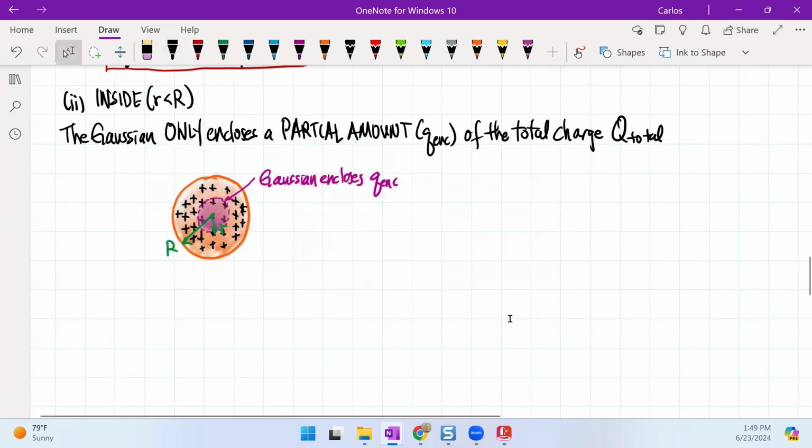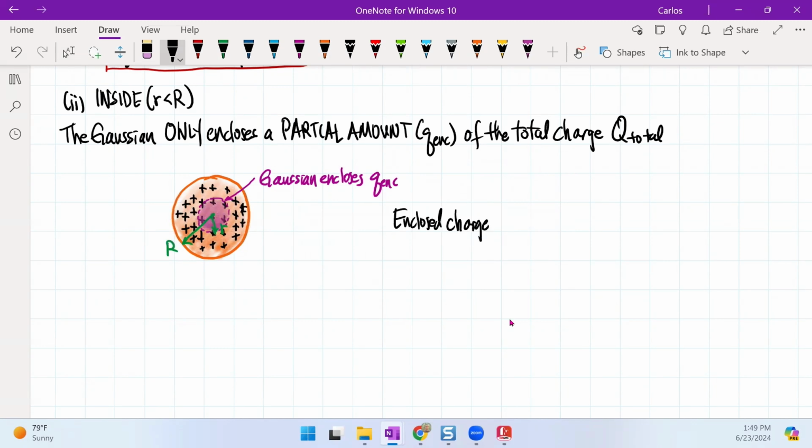The first thing I see is that I have an enclosed charge that is smaller than Q total. Of course, Q enclosed is only part of the charge, not all of the charge.